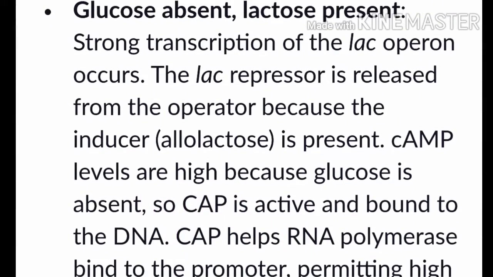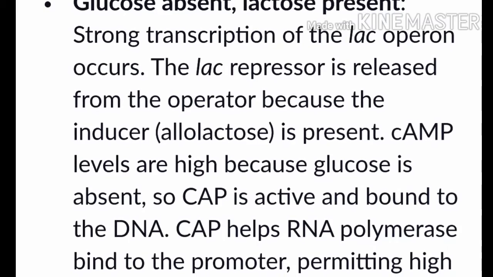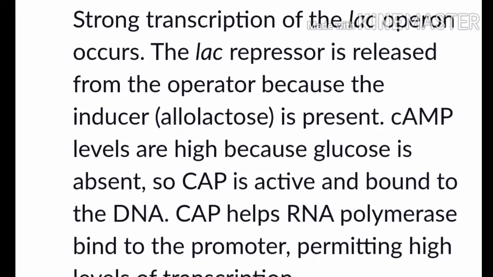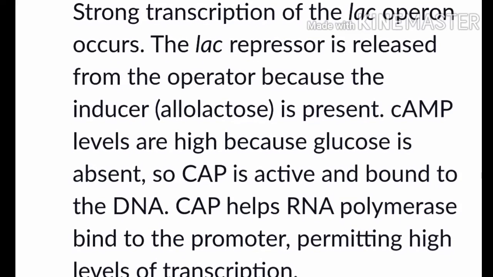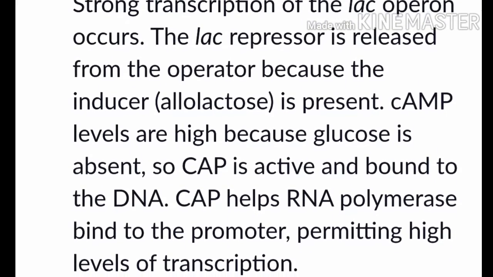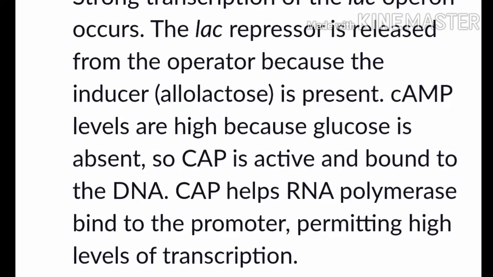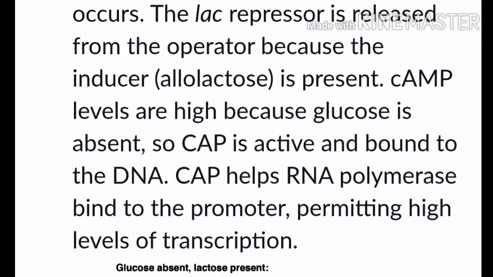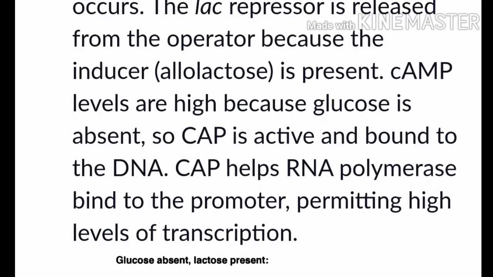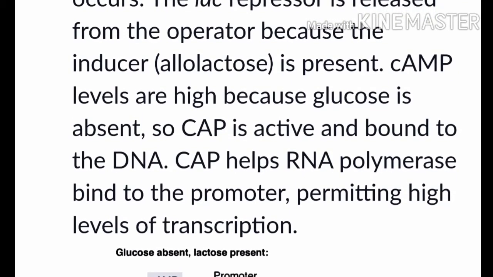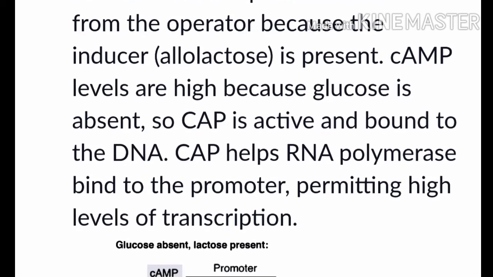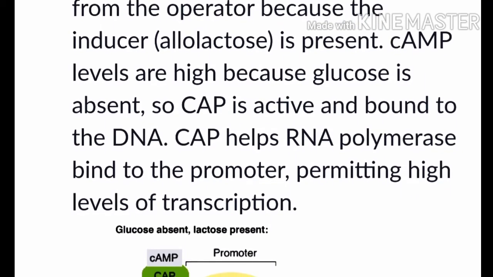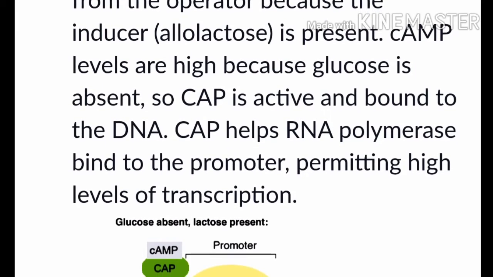Next condition is when glucose is absent but lactose is present. Here, strong transcription of the Lac Operon occurs. The Lac repressor is released from the operator because the inducer is present here, and cAMP levels are high because glucose is absent also.